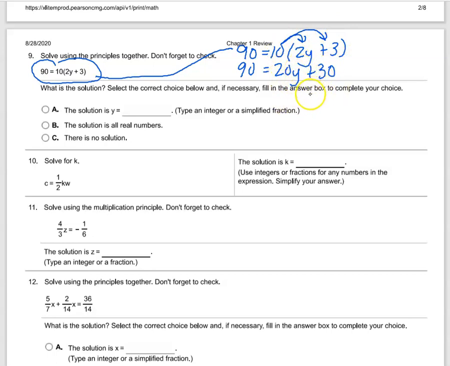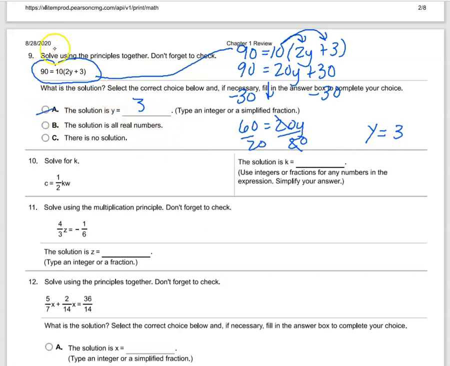Go to the side with a variable on it, so get rid of the thing that's not connected to the variable first, and 90 minus 30 is going to give me 60 equals 20y. So we'll divide both sides by 20. And we'll end up with y is equal to 60 divided by 20, which is going to be 3.